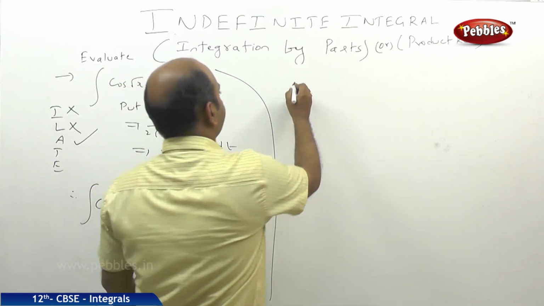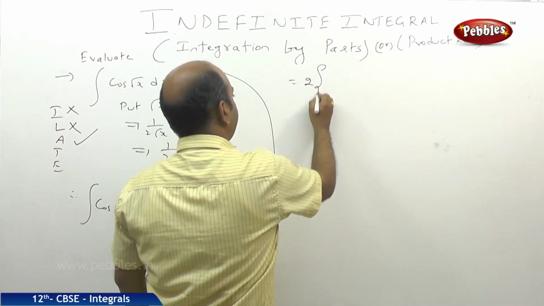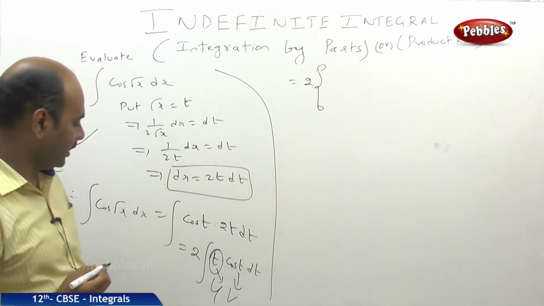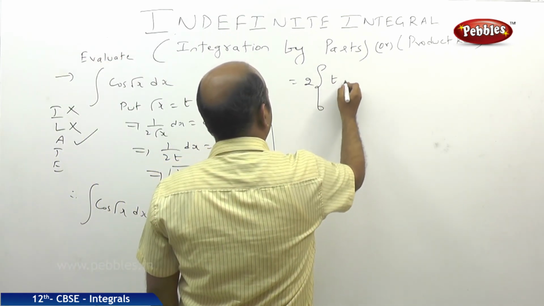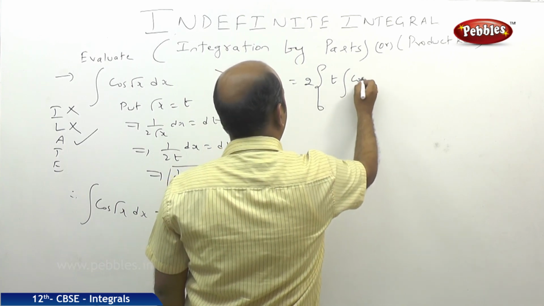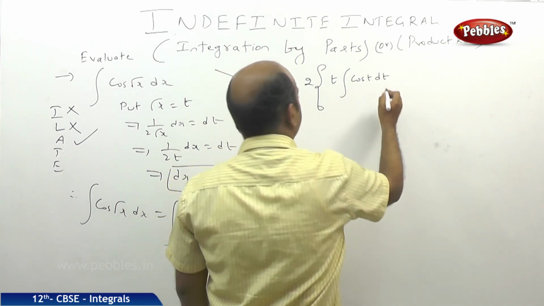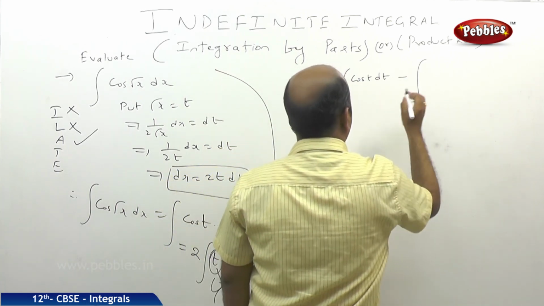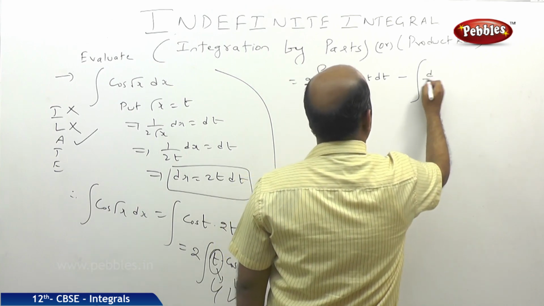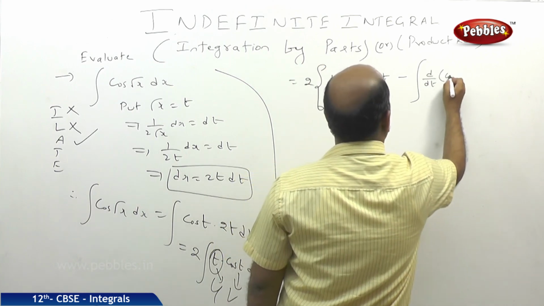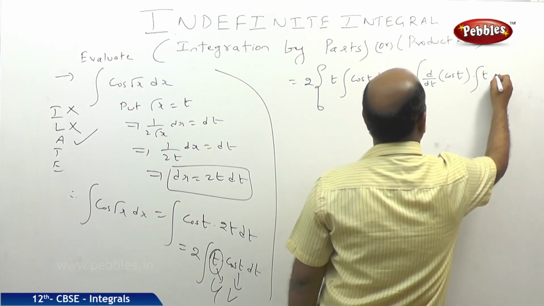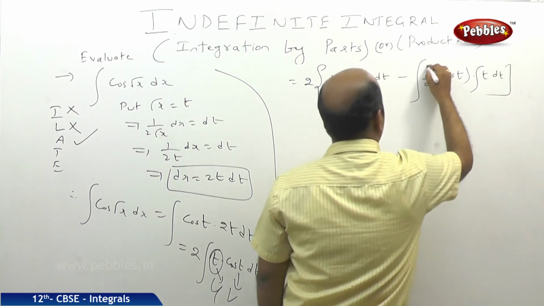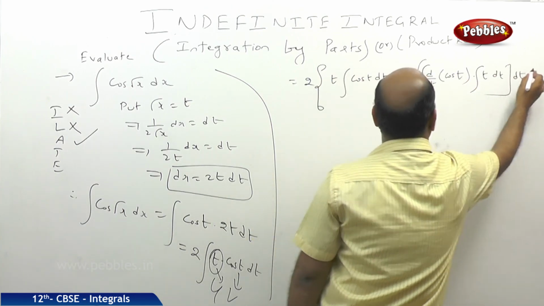So what happens? 2 into, I will be writing a big bracket, 2 into t into integral of cos t dt minus integral of d by dt of cos t into integral of t dt, and outside I will be writing dt.